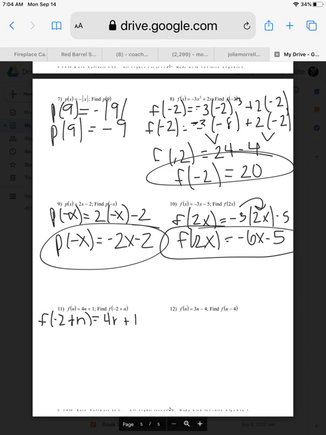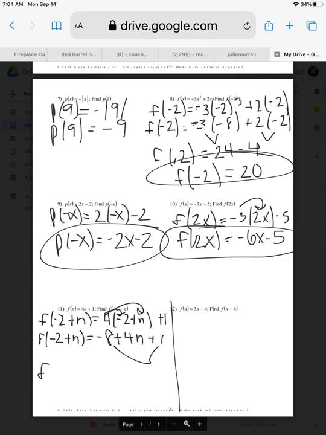Oops, I forgot to add it in. Okay. I'm going to draw a line there, okay? So f of -2 plus n equals multiply, -8 plus 4n plus 1.